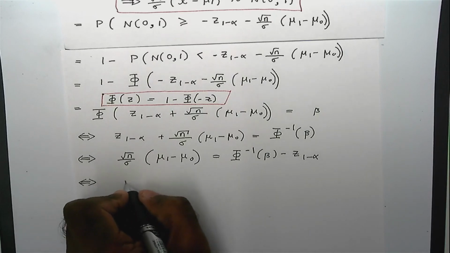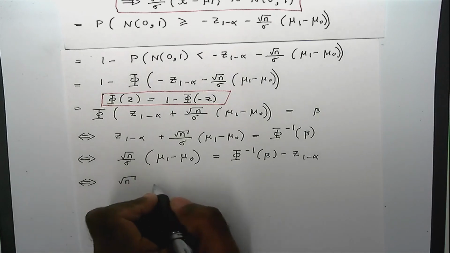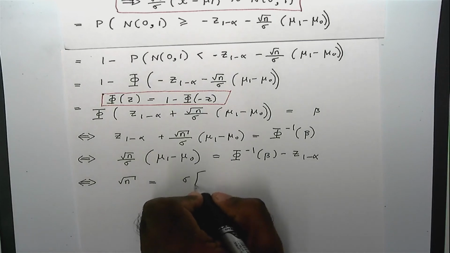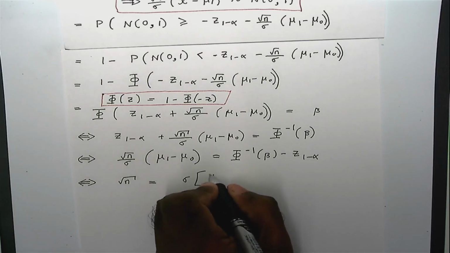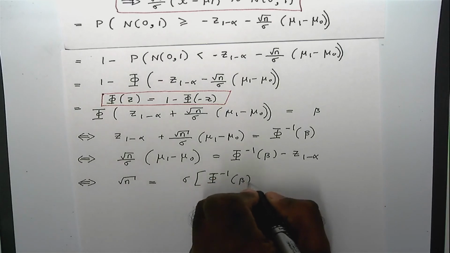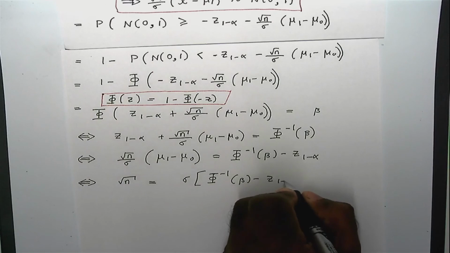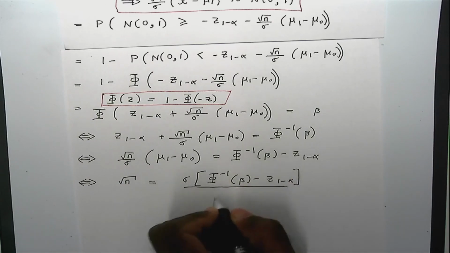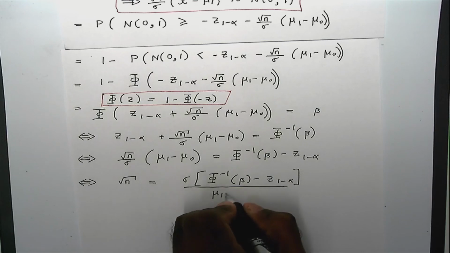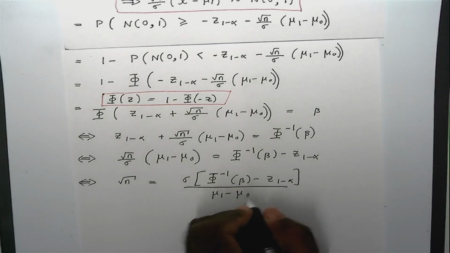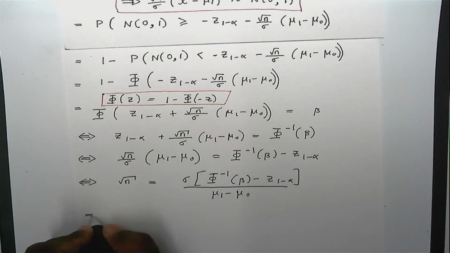This implies that root of n, and finally you should square both sides.